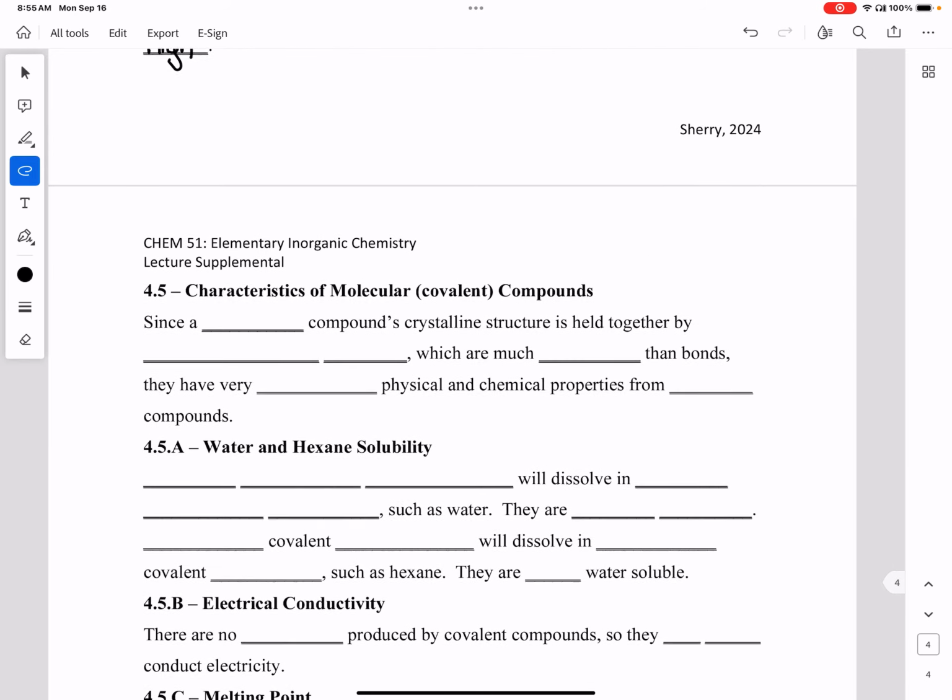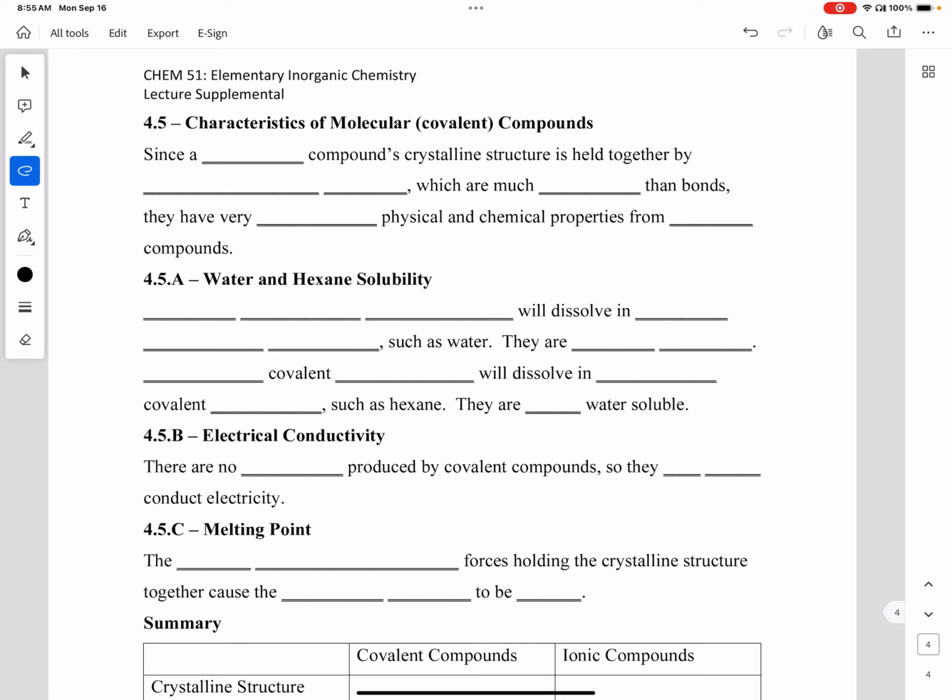So let's compare that to some molecular compounds, also called covalent compounds.